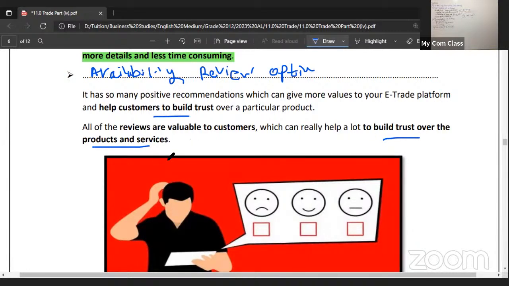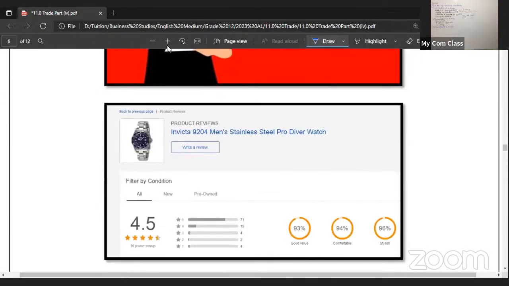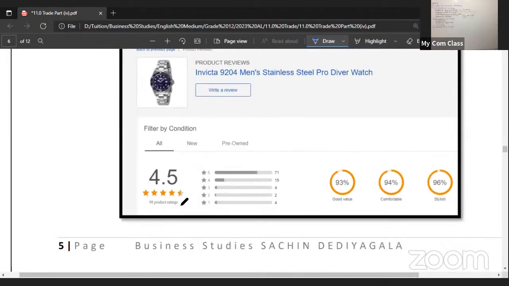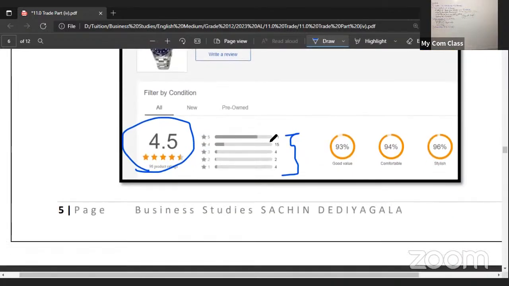I took a screenshot from one website, I think eBay. The product has 4.5 stars, good value. Out of the customers, 71 gave a 5 star rating, then 4 star like this. You can also write a review, so you can have a prior understanding about the service and the quality of the product.